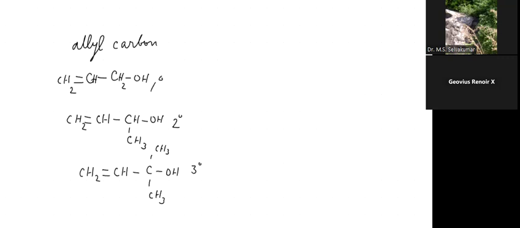So primary alcohol, secondary alcohol, tertiary alcohol: this differentiation depends upon the carbon to which the functional group is attached and the number of carbons attached to that carbon which contains the functional group. So this is primary, this is secondary, and this is tertiary.